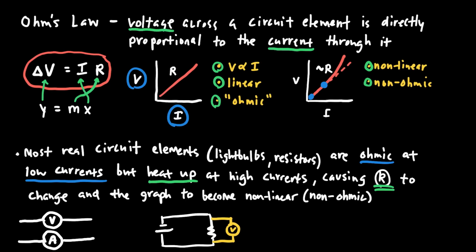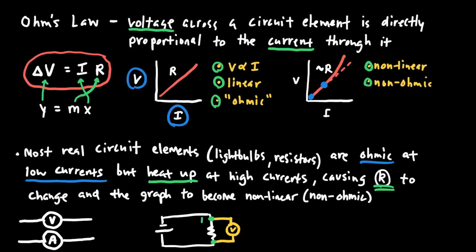And the reason why I'm able to do this is because two things in parallel always have the same voltage. That is because voltages, or differences in voltage, are associated with differences between two different points in a circuit. Even though these are two different things, a voltmeter and a resistor, they're attached to the same two points.